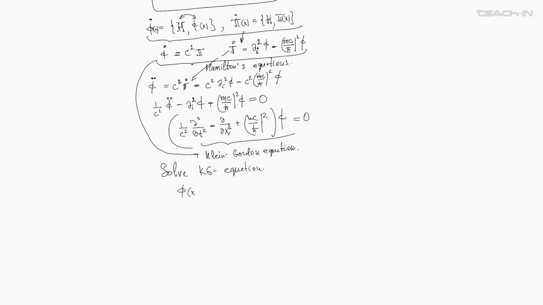This is a conventional but convenient convention to define the Fourier transform with such a prefactor. Then the Fourier integral, exponential i kx, phi tilde of k, where phi tilde of k is the Fourier image of this field.